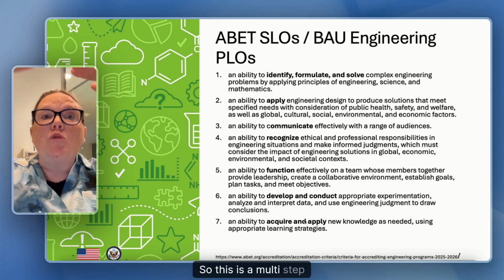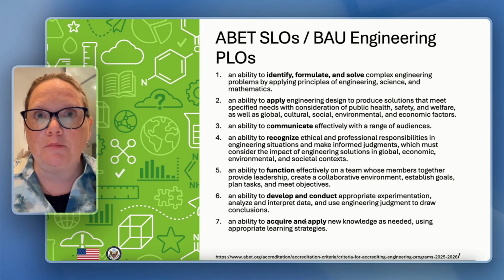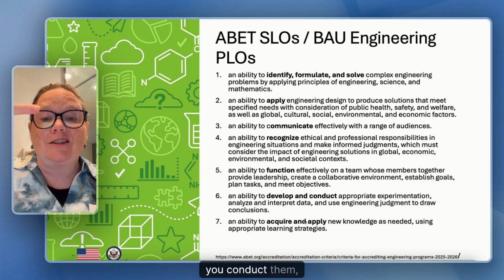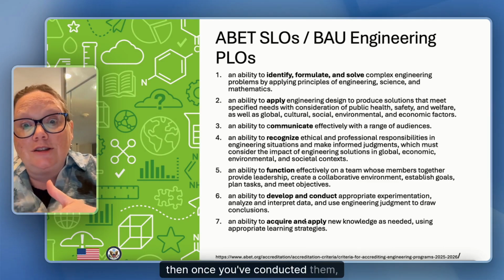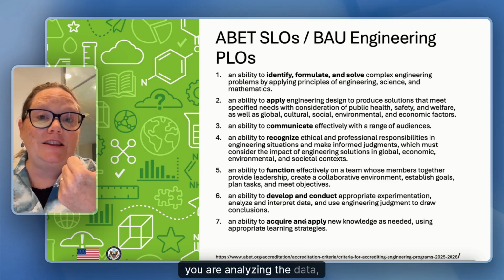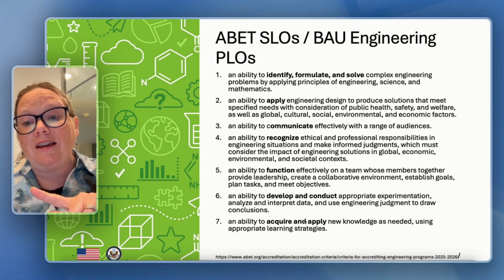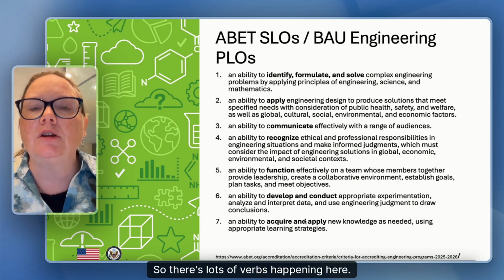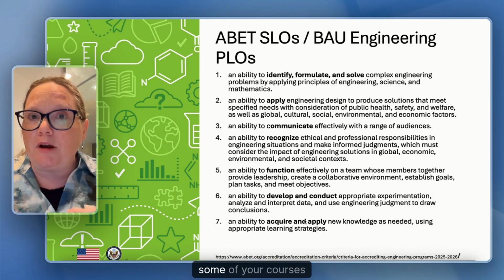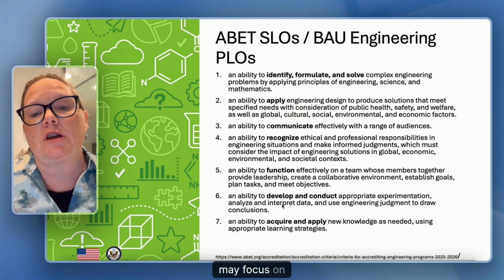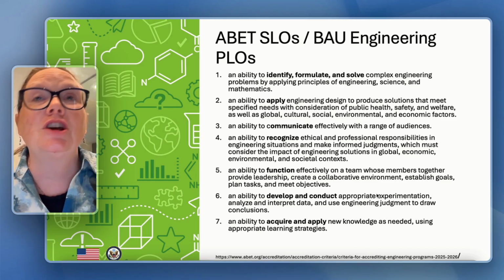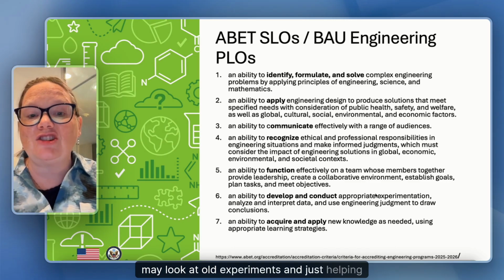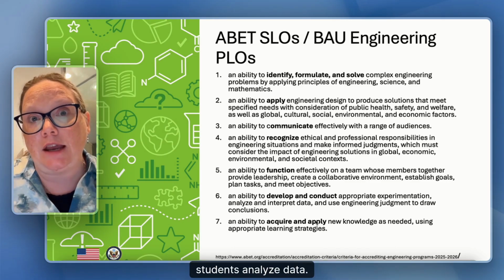So this is a multi-step PILO. You develop experiments, you conduct them, then once you've conducted them, you are analyzing the data, you're interpreting the data, and you're drawing conclusions. So there's lots of verbs happening here. Again, some of your courses may focus on developing experiments. Some courses may look at old experiments and just help students analyze data.